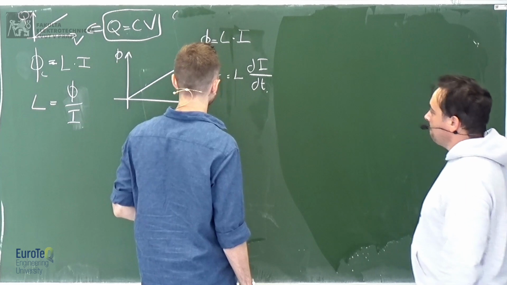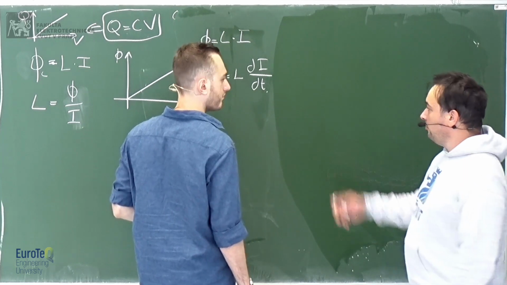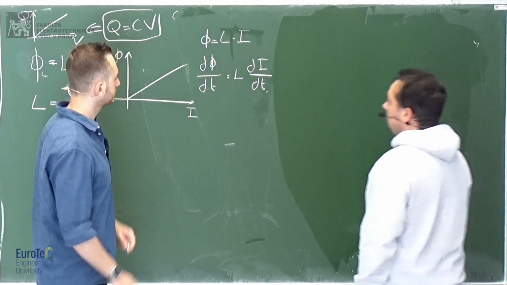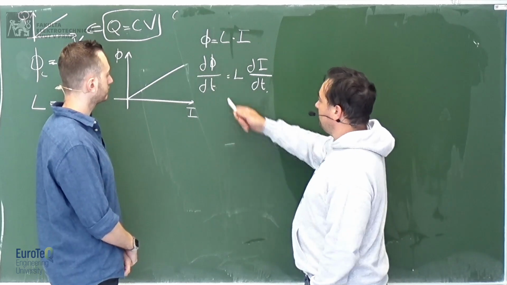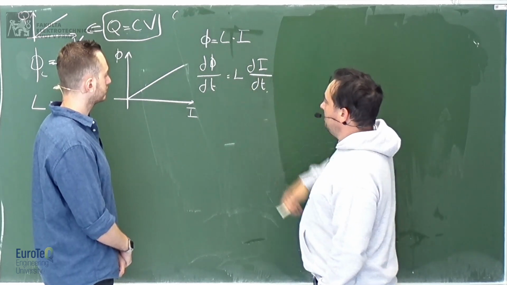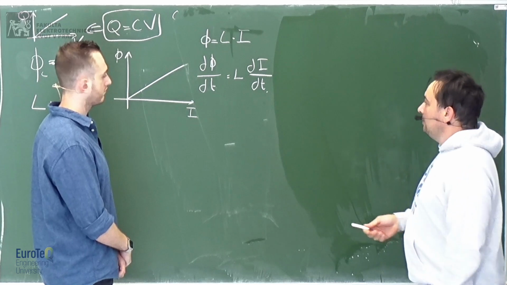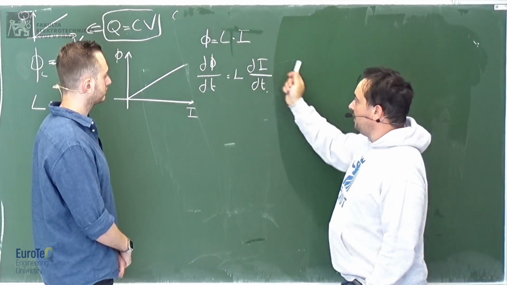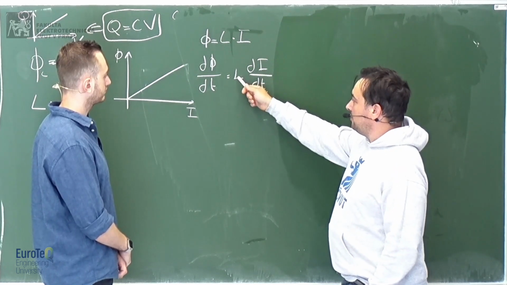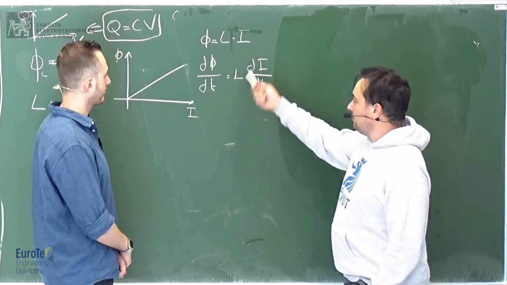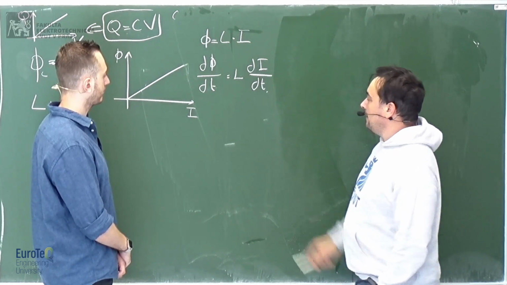So you derive the flux and you get the derivative of the flux in time. You say that the inductance is constant, you take it out. Otherwise, you would have the derivative of L i. L constant, you get out. So the derivative of i. Fine.